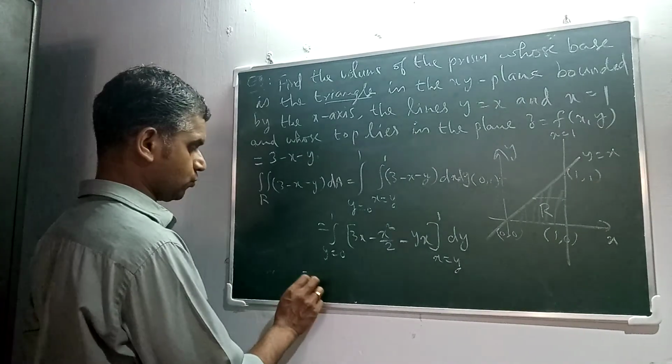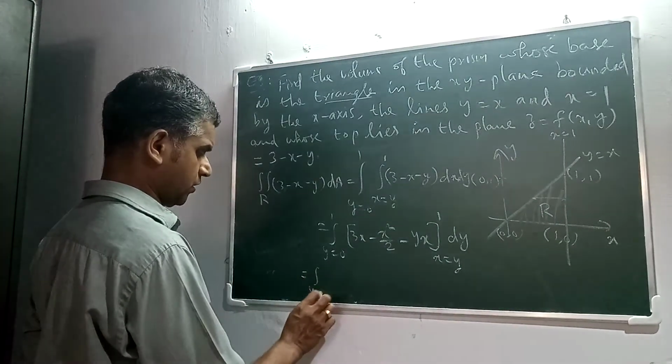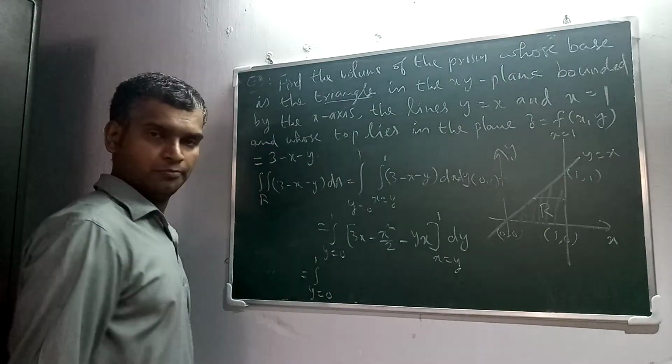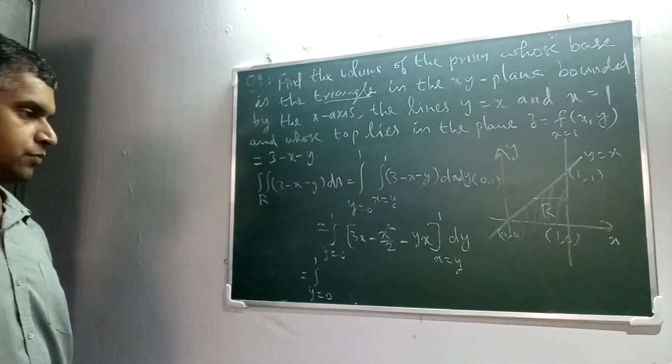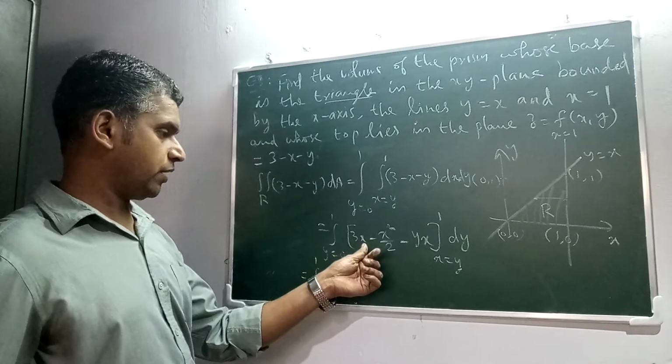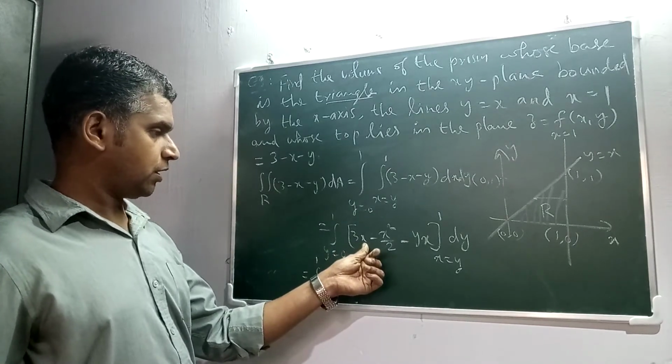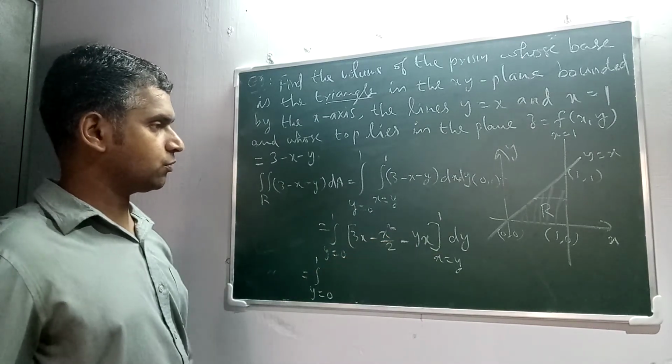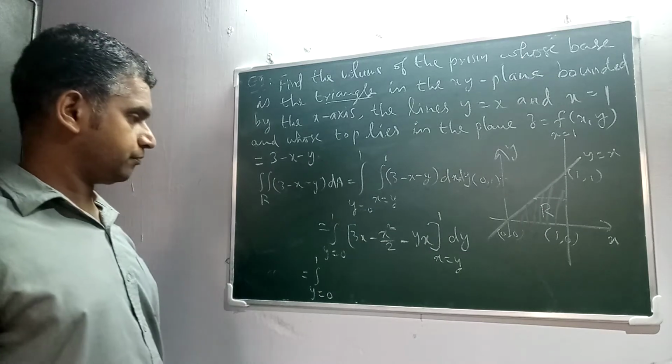So this is equal to integral y running from 0 to 1. So put x equal to y here in the lower limit, and in the upper limit you have to put x is equal to 1.